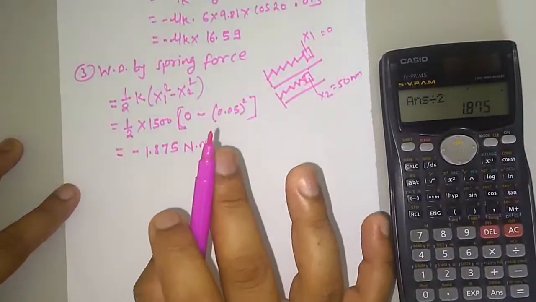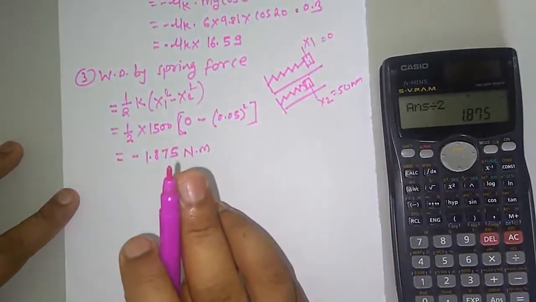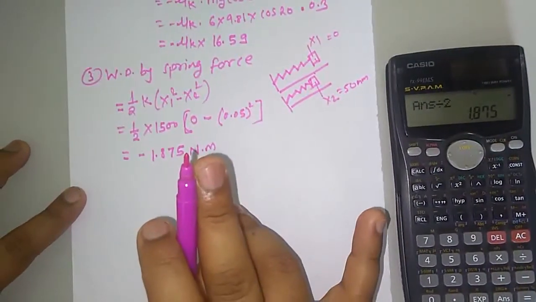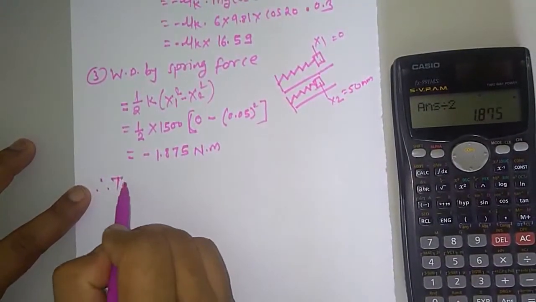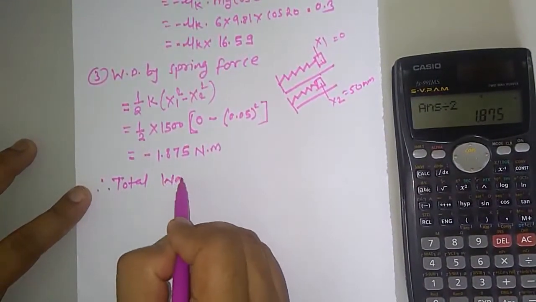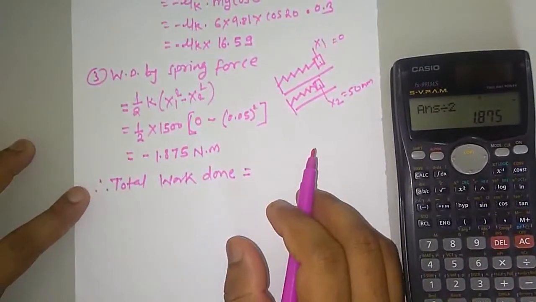So these are the three types of forces by which work is done. That is work done by gravity, work done by the frictional force, work done by spring force. So total work done. We need to add all these three.